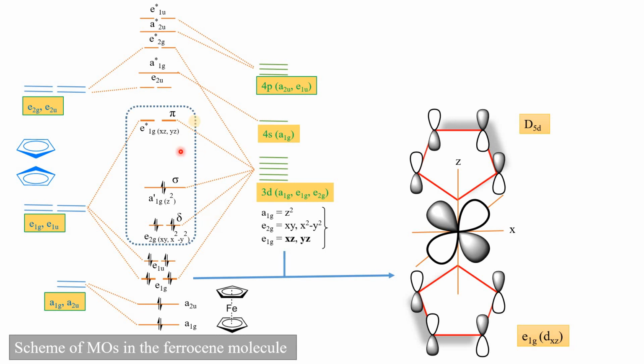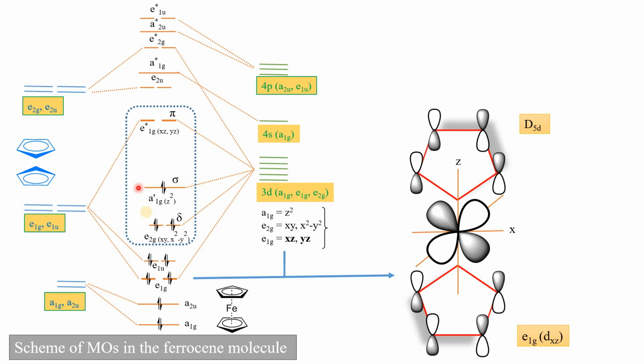I have drawn a box to emphasize this part. So these are 2 ligand orbitals here. These are metal orbitals, and these orbitals will be ferrocene. So this is the area of interest in this molecular diagram.